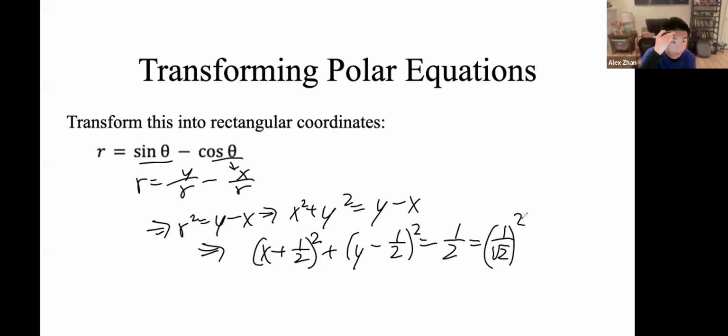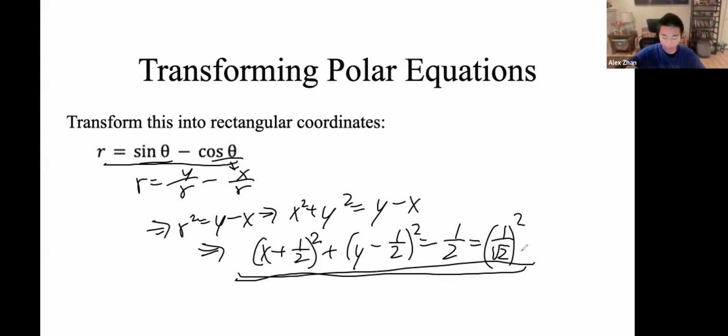Okay. Does anyone have questions about this? Because I noticed that you guys have stopped responding, so I'm worried that you don't fully understand the concepts. Do you guys understand how I managed to transform it from here to here? Just go through it and verify each step. Yeah, okay. Sure.